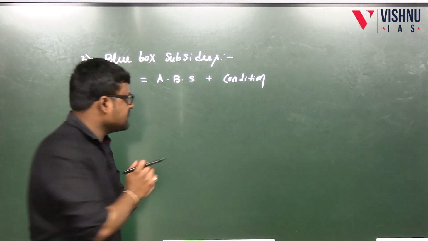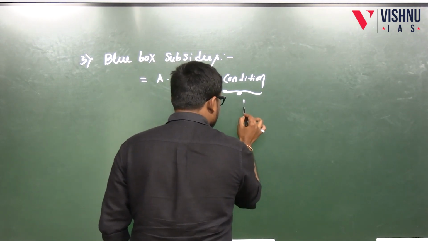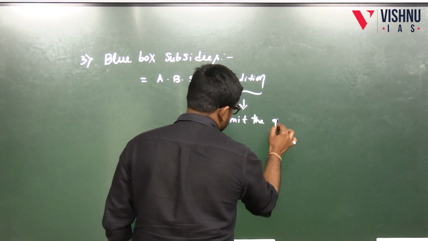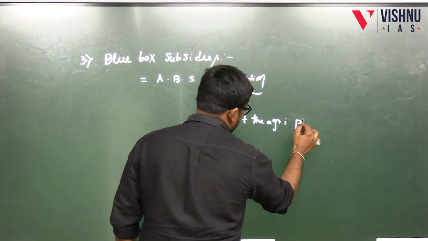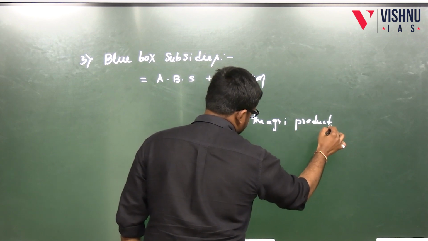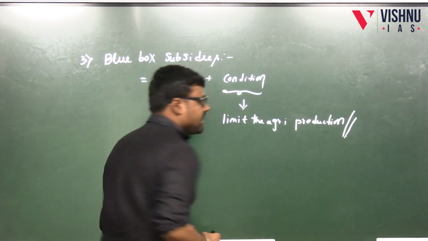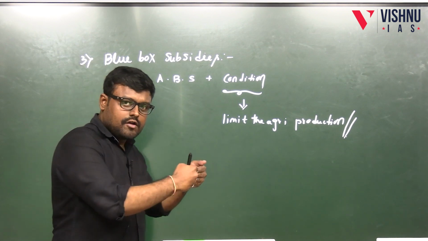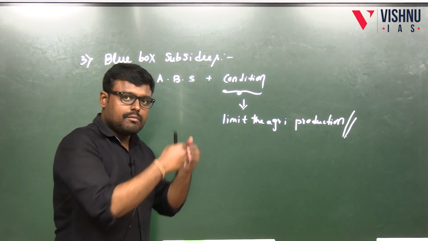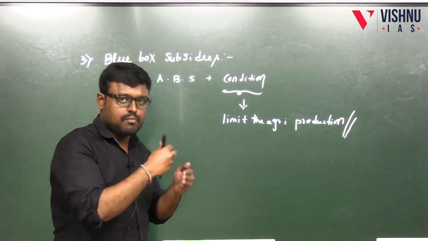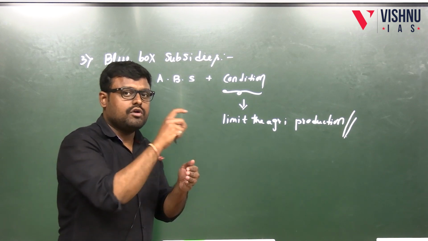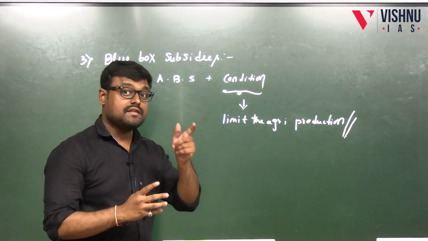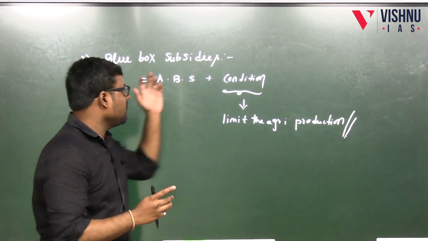So what kind of condition is that? This condition will limit the agricultural production. So that means if the central government is giving a subsidy which is actually an Amber box subsidy, but along with that subsidy, it puts a condition. Because of that condition, there will be a limit on the agricultural production. Then such kind of subsidy comes under the Blue box subsidies.